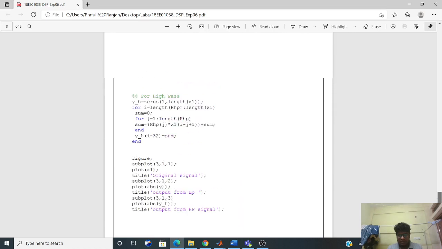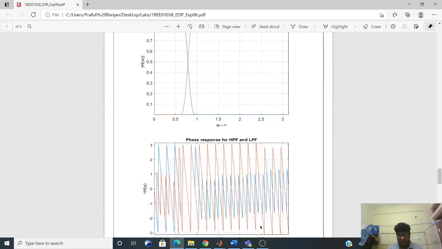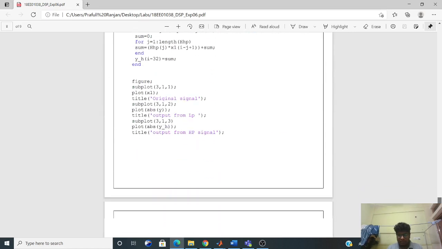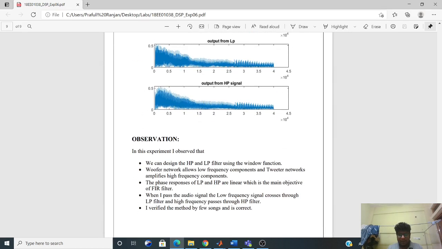When I pass the audio signal, the low frequency signal goes through the LP filter and the high frequency signal passes through the HP filter. I verified the method with three or four songs and observed that the low frequencies pass through the LP filter and the high frequencies pass through the HP filter.